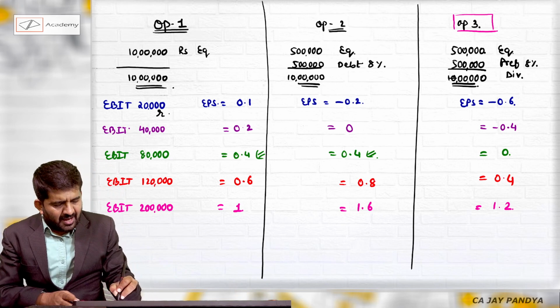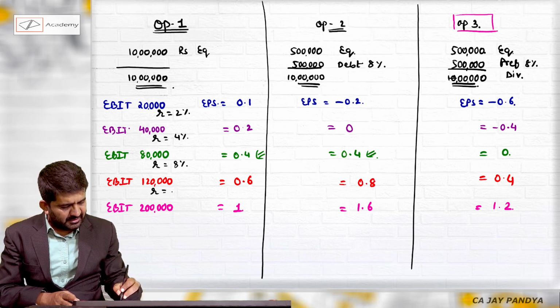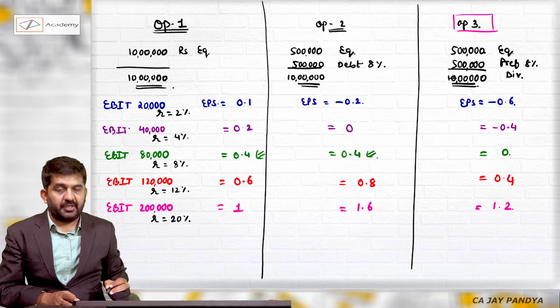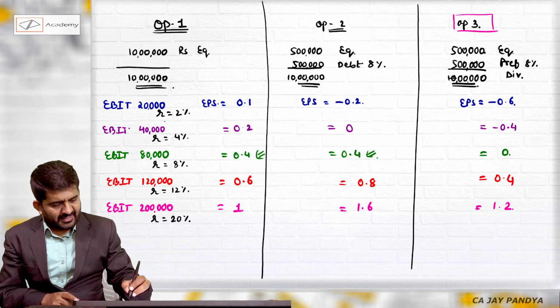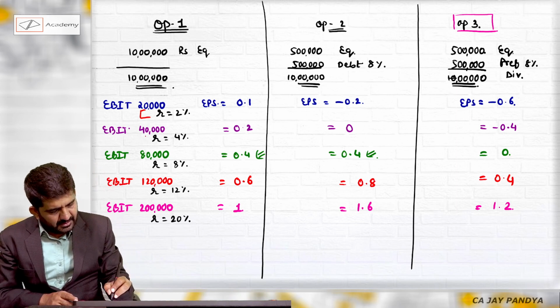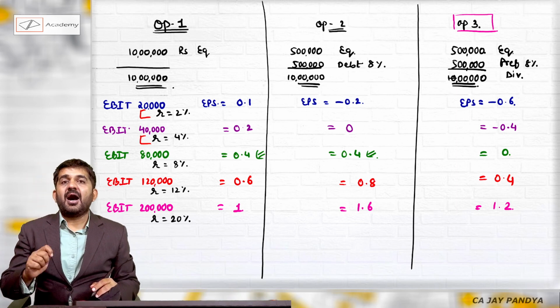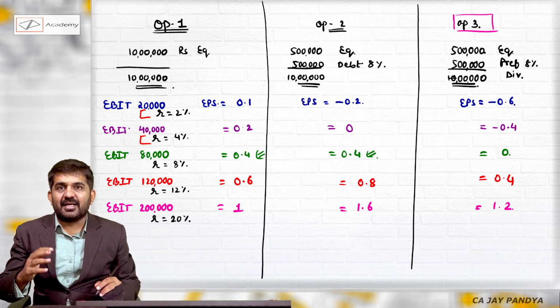R in this case is 2%, R in this case is 4%, R in this case is 8%, R in this case is 12%, and R in this case is 20%. In the first and second situation, R is less than KD.